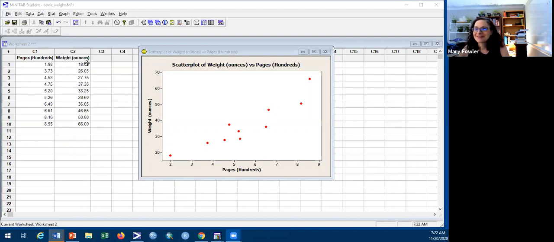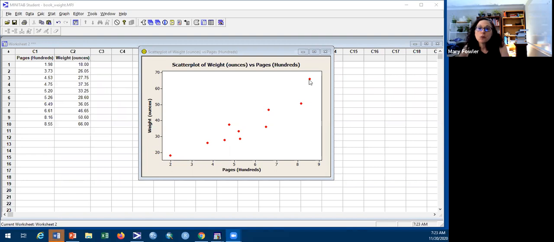The vertical axis we'll call y. And this one has 18, so it's over here. Now your big book was 855 pages, so right around there, right? And then we go straight up to the weight of 66.